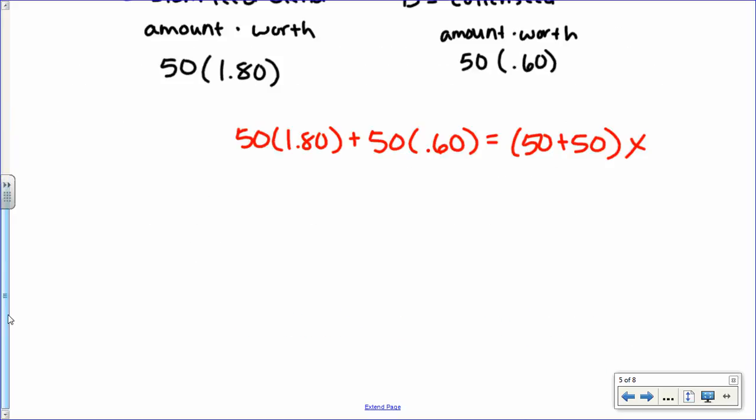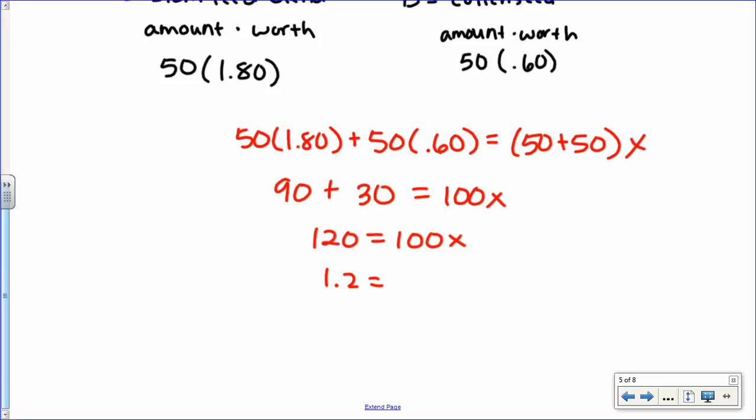All right, so 50 times $1.80 is 90. 50 times 60 cents is 30, and then 100x. Okay, divide by 100. So let's answer the question. The total amount is 100 pounds.